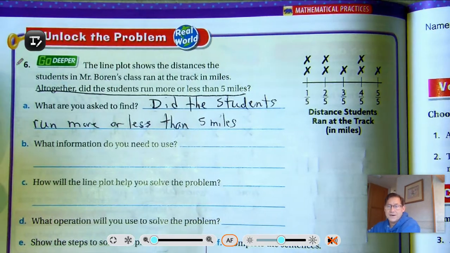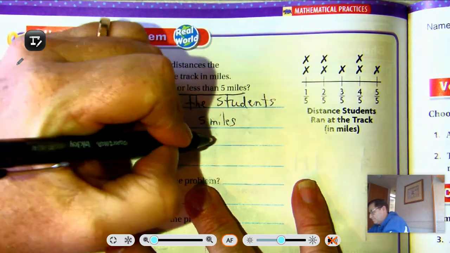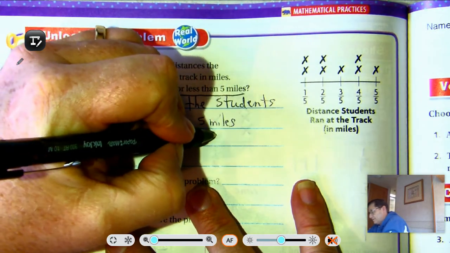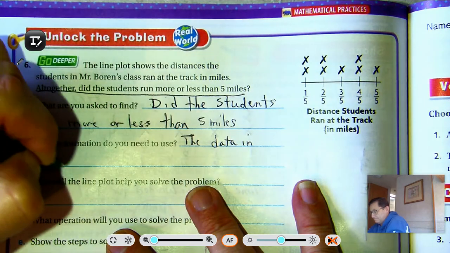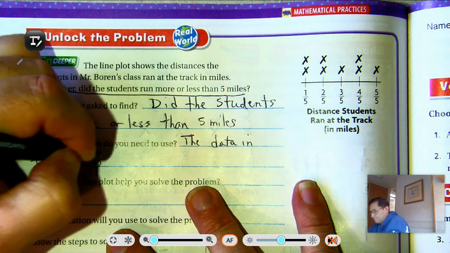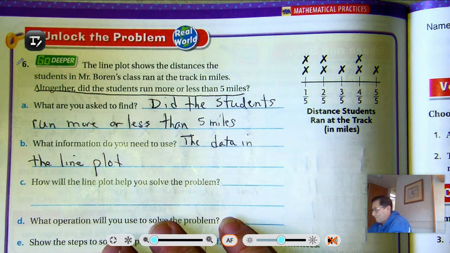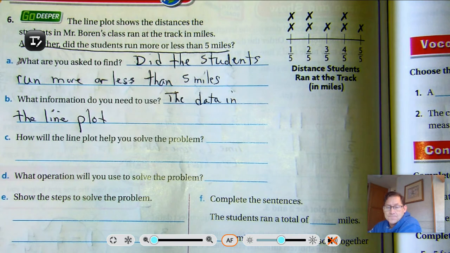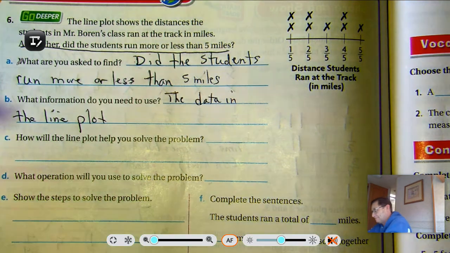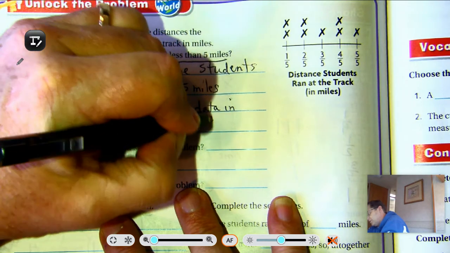What information do I need? I need the data in the line plot. That's basically it, right? I just need the data in the line plot to show how far each student ran.